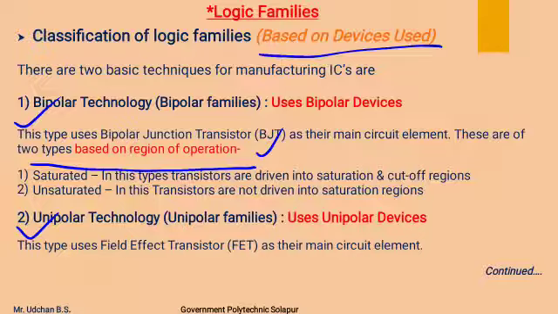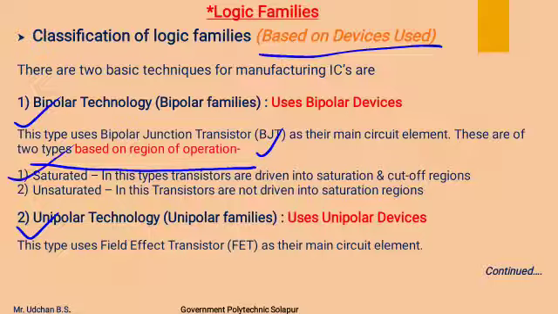In saturation region and cutoff region, the BJT works as a closed switch or an open switch, whereas while working in the active region, the BJT acts as an amplifier. We studied this concept in the basic electronics subject.